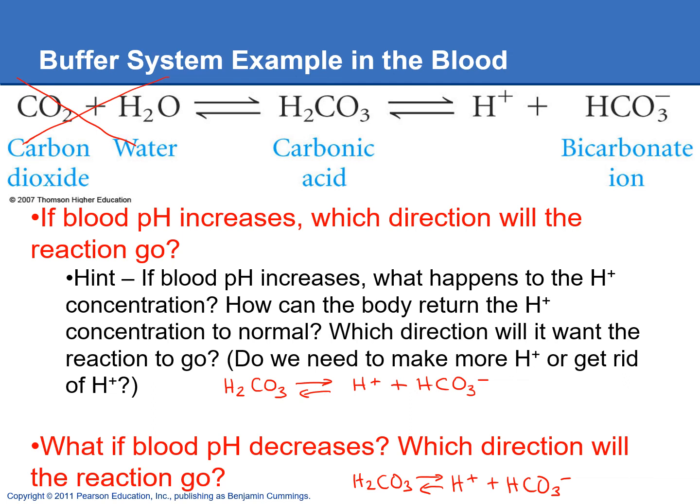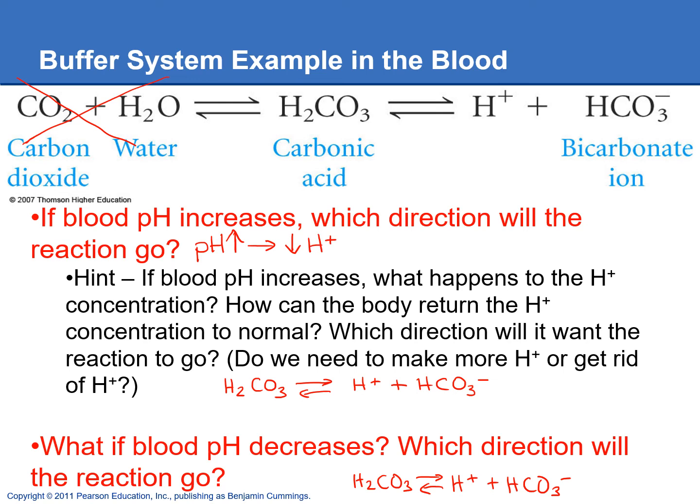Okay, so let's say that your blood pH increases. If we think about that, what happens to the amount of hydrogen ions? If your pH number is getting bigger, that means you're getting more alkaline or basic, so that means you have less hydrogen ions.